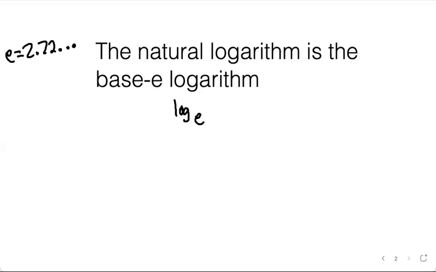Okay, let's do an example. Let's do an example of a natural logarithm. Let's say we have the natural logarithm of 7.38906, and the digits just keep going on. Okay, so you're probably wondering, where does this number even come from?